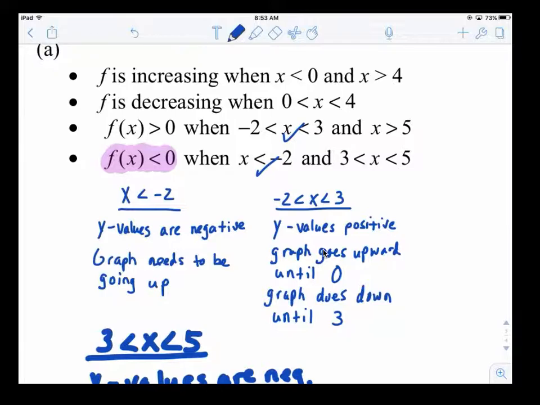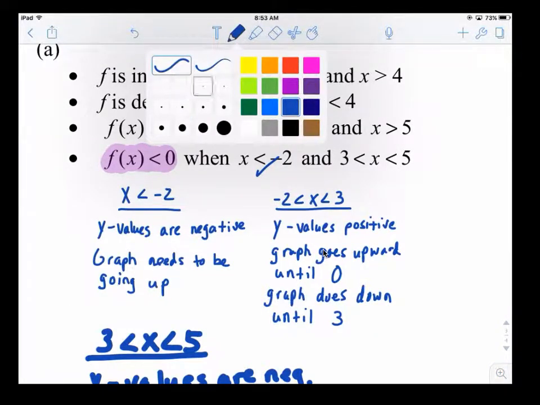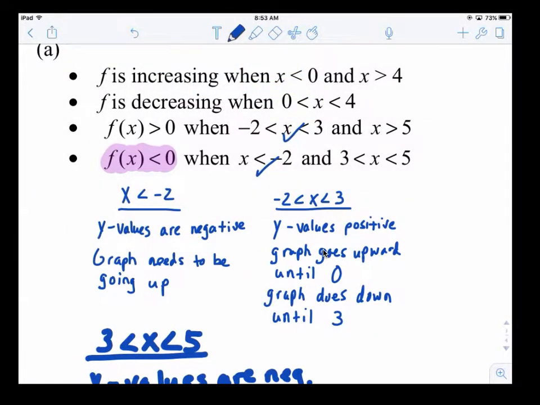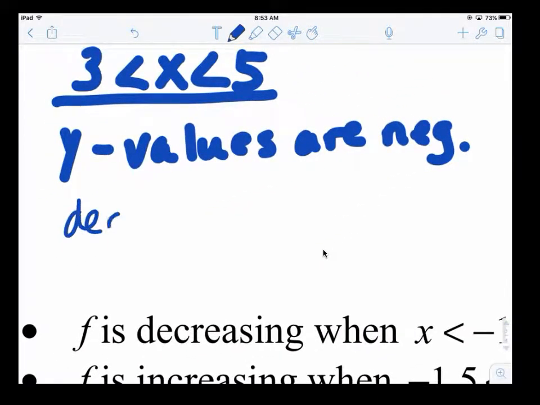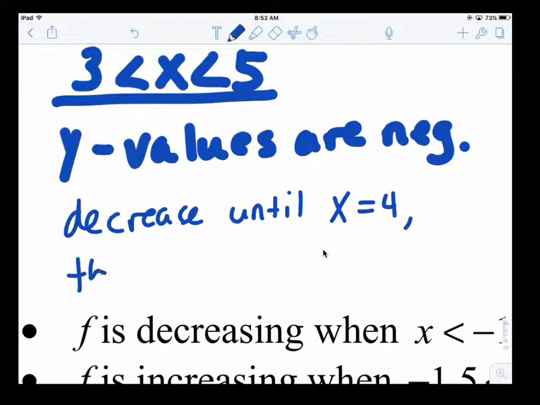Going back up again. So you could say decrease until 4. And increase after.